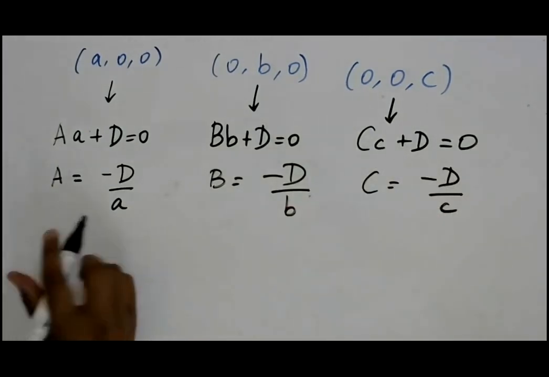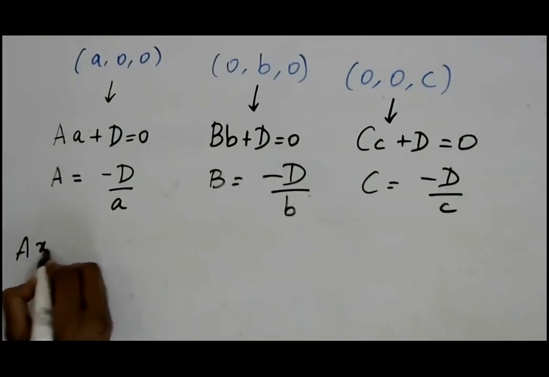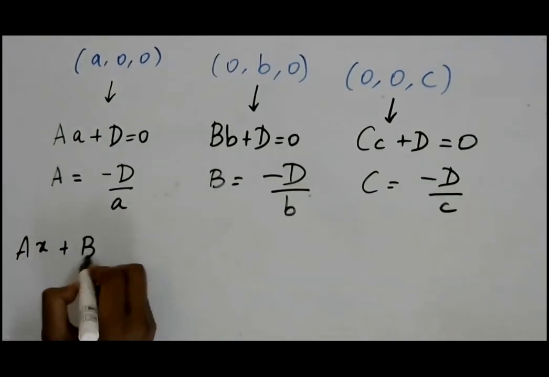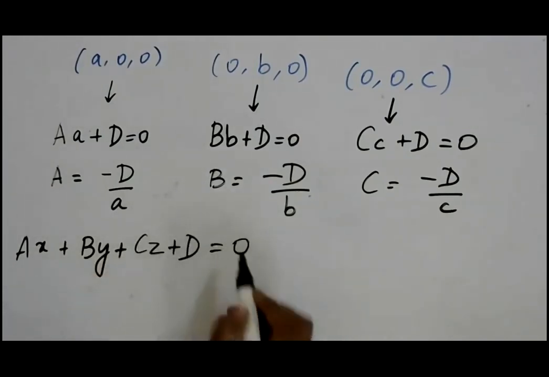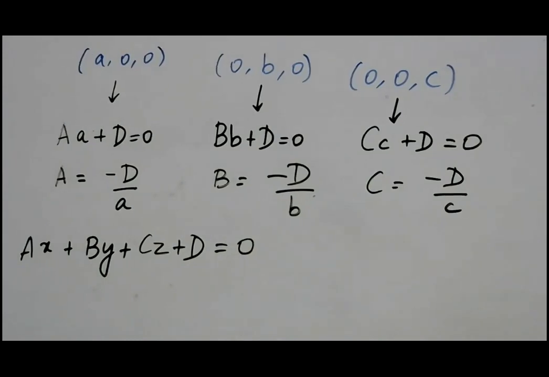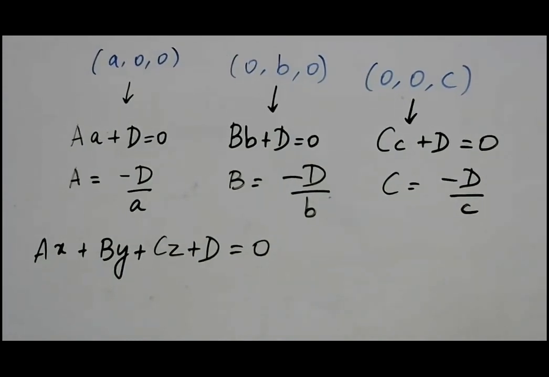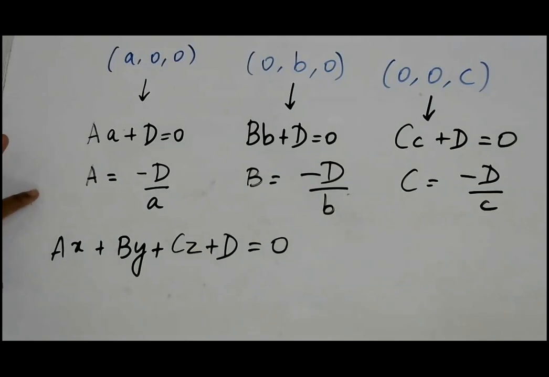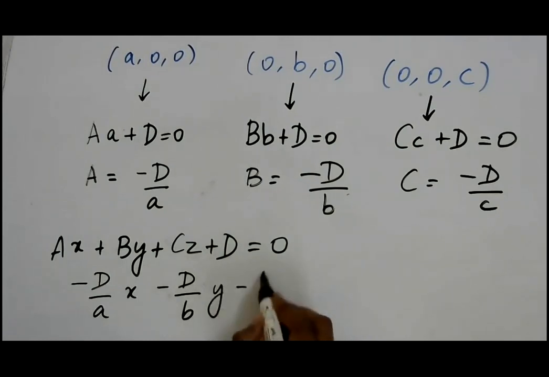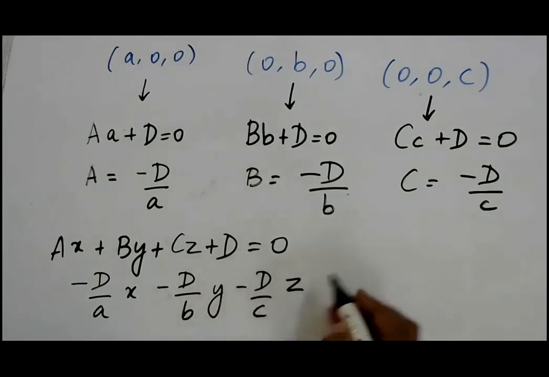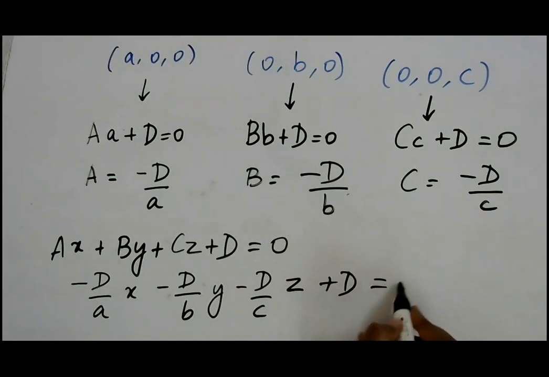We know that the original equation is AX plus BY plus CZ plus D is equal to 0, right? So we do have the values of A, B and C. Substituting it here, we will be getting minus d upon a, x, minus d upon b, y, minus d upon c, z, plus d is equal to 0.